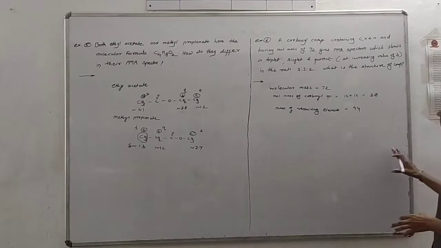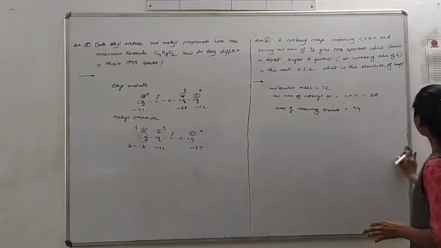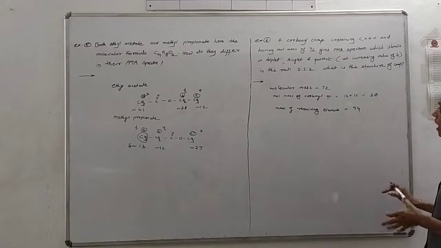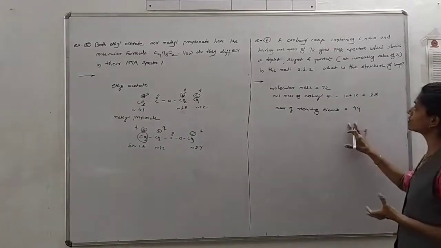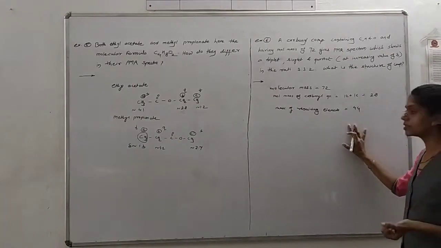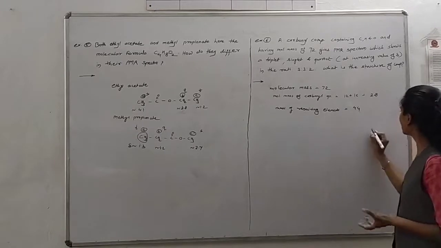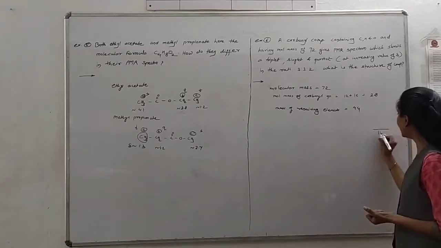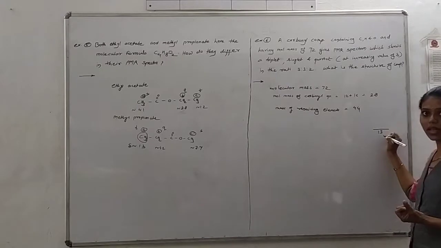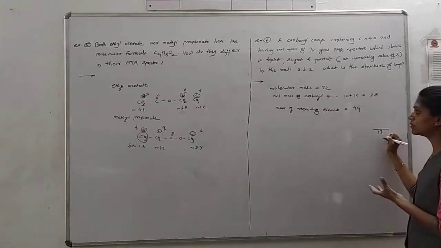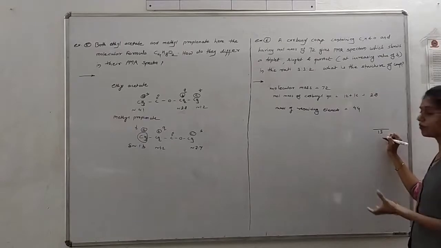Now what we have done: organic chemistry consists of carbon chemistry. So we divide by the mass of carbon, as when we studied the problems on C13, we studied such types of problems.